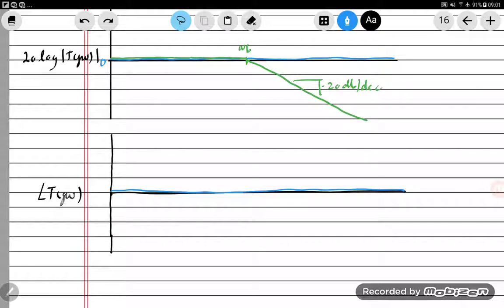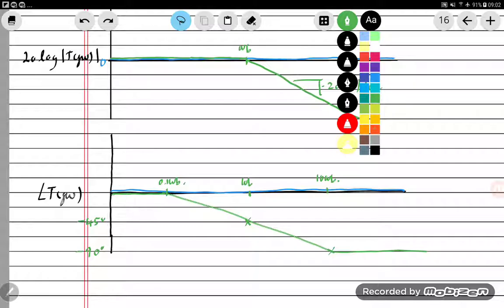And we know for the pole not at the origin, the phase is 0 up to 1/10 of the break frequency, and the phase is -45 degrees at the break frequency, and it is -90 degrees at 10 times the break frequency.